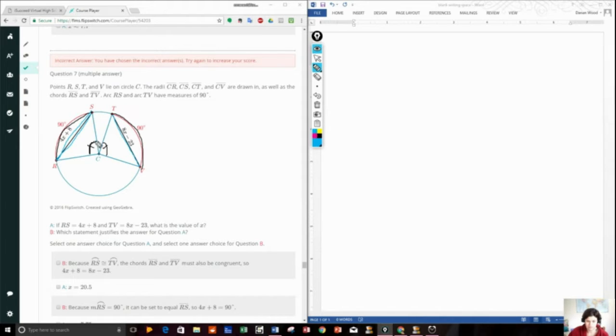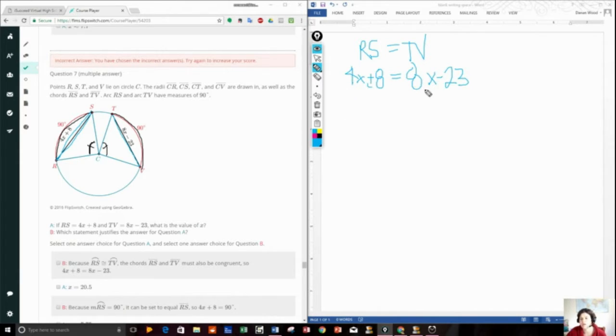So we know then that the chord RS is going to equal the chord TV. And we know that RS is equal to 4x plus 8, and TV is equal to 8x minus 23. So we're going to solve for x.